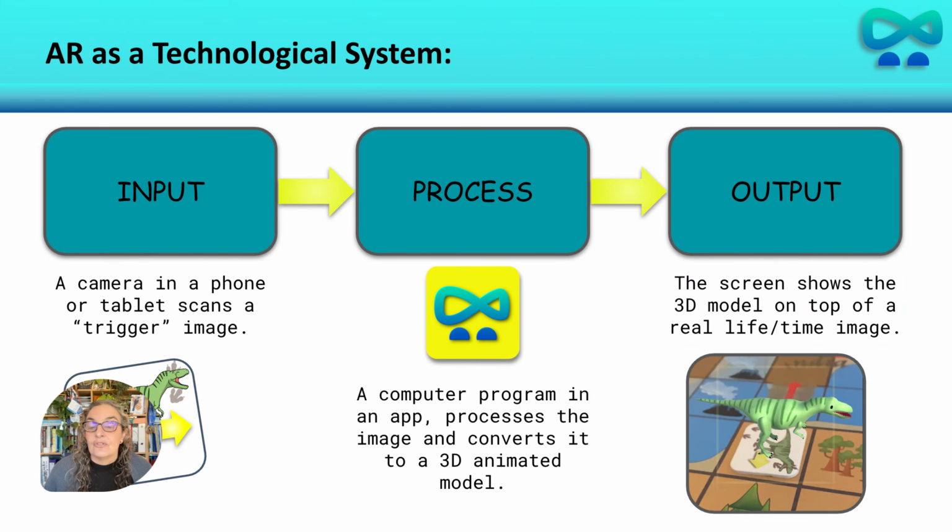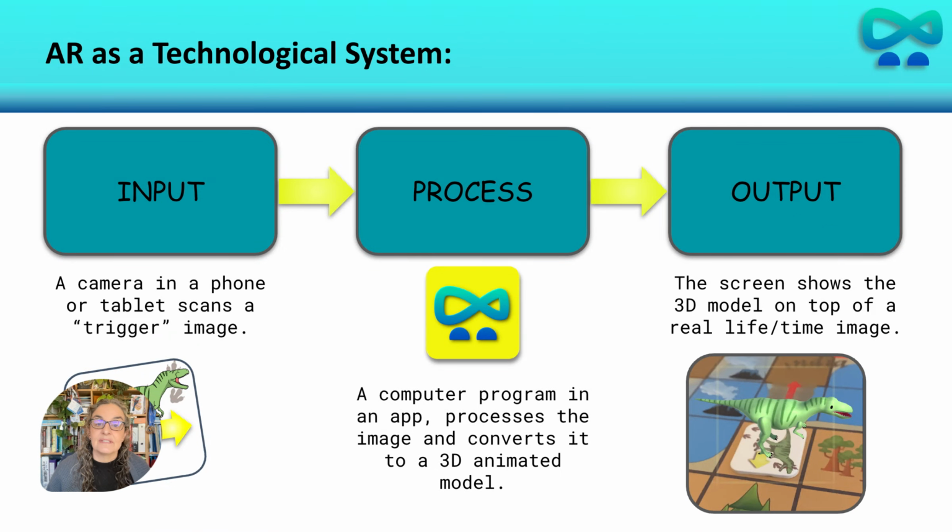AR is a technological system. So when we're using our apps and when we're using tablets or smartphones with the app and the augmented reality, you can see it goes through an input, process, output system. Essentially, a camera in the tablet or the phone will scan an image, which is the trigger image. In our case, it's our dinosaur cards.